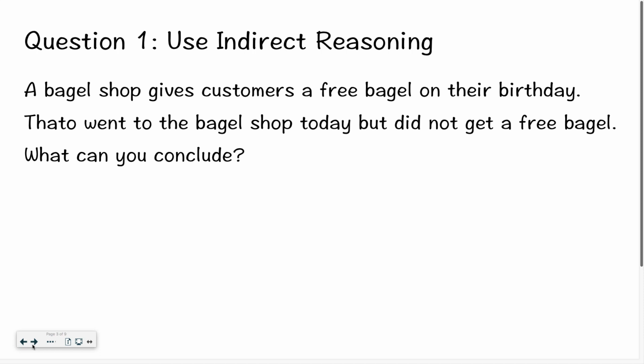So I want you to use indirect reasoning on this first question. A bagel shop gives customers a free bagel on their birthday. Theda went to the bagel shop today, but did not get a free bagel. What can you conclude?